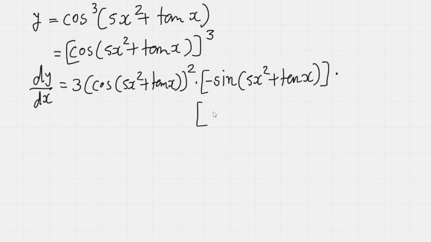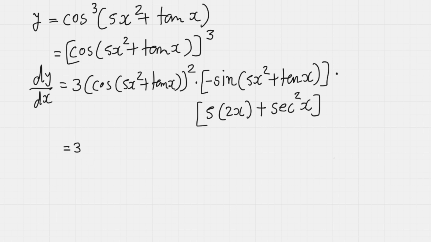So it would be 5 times 2x plus the derivative of tan x would be sec² x. So sec² x. And we are done with the derivative.